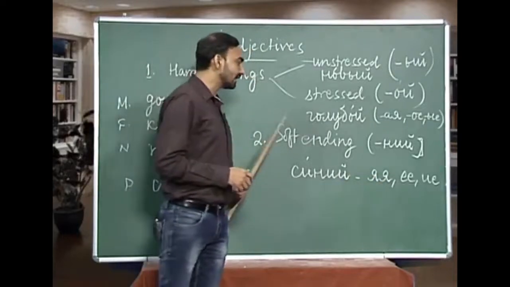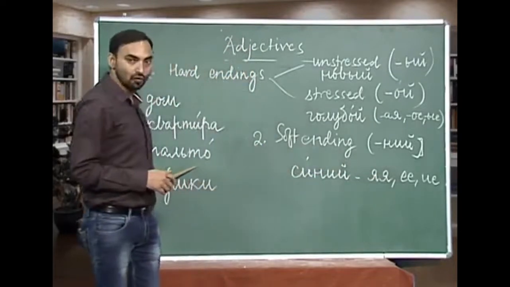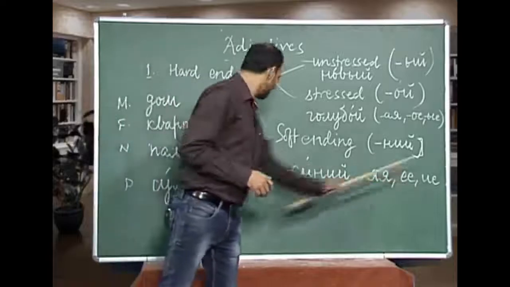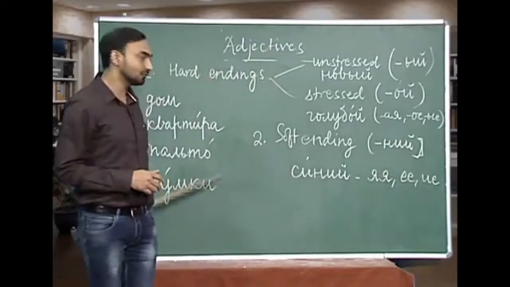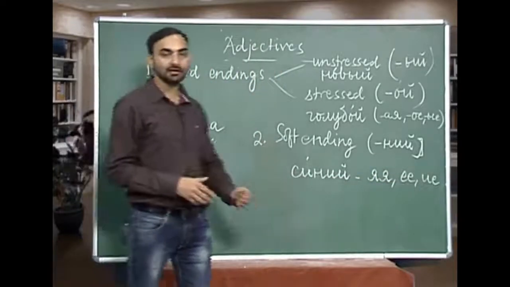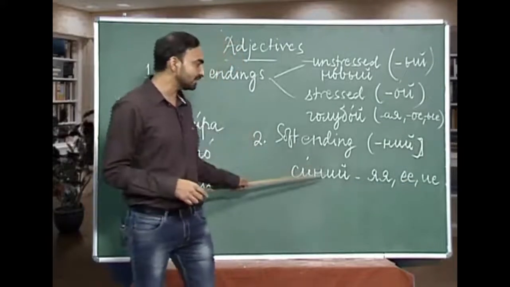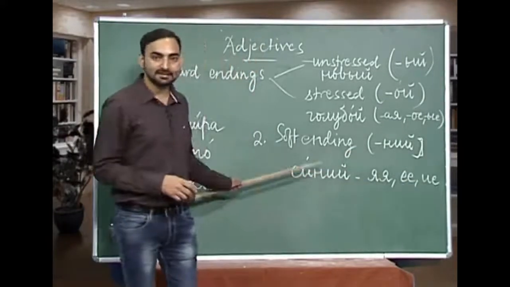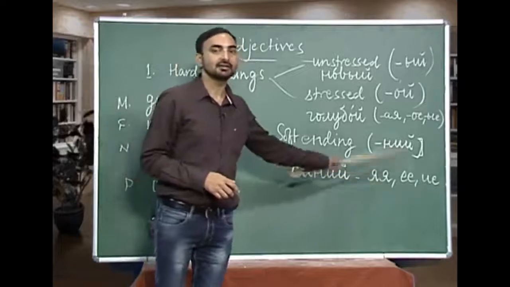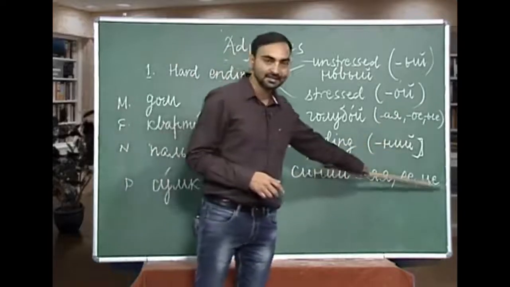Sinyaya kvartira, sineye palto, and siniye sumki. Let us do it again. If the adjective is the soft ending adjective, so how do we change its form? We use siniy, sinyaya, sineye, and siniye.